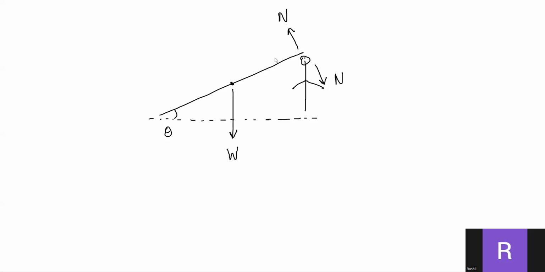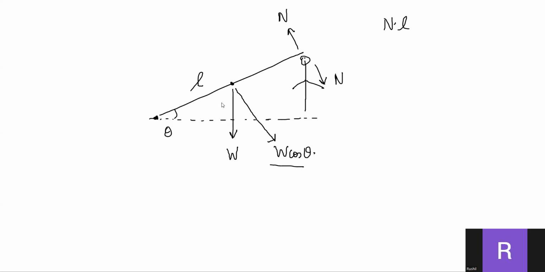We have to find normal force. Right, and if it is in equilibrium, all you have to do is balance torque here and balance force. So if the length is L, you'll say N into L, and here L by 2, but you'll take this component 90 minus theta, so cos is sine and this is cos theta, right?